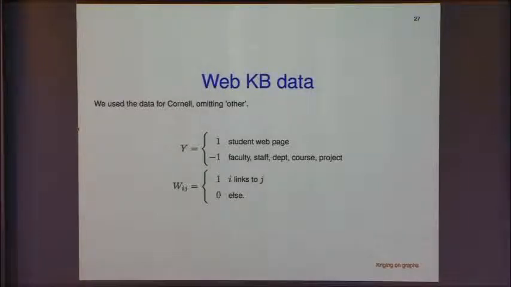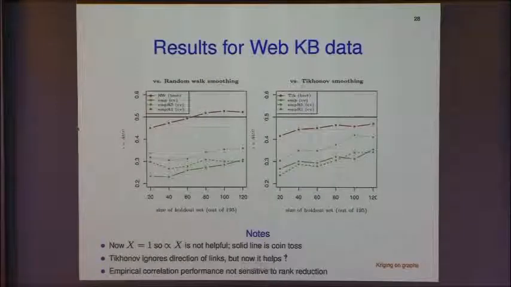Second example, maybe it's a bit overused, it's the WebKB data from Cornell, and the response we're trying to predict is whether a page is a student's web page or not a student's web page. And then we use a binary graph. Here, sort of the same kind of thing with the random walk smoothing.